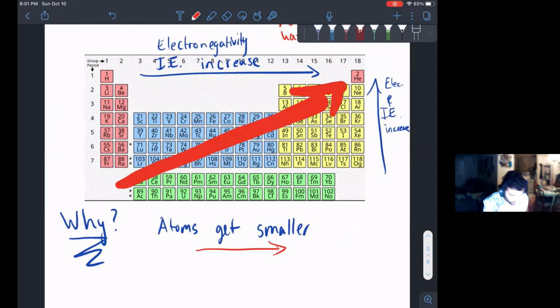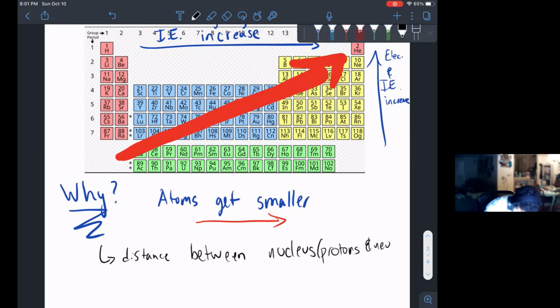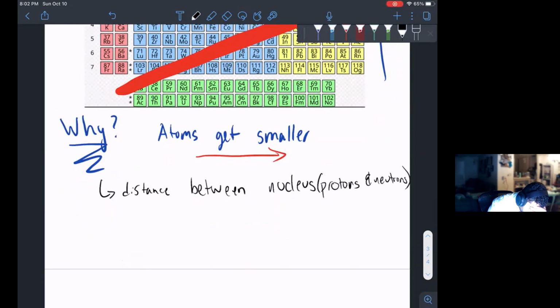As atoms get smaller going up and to the right, that means the distance between the nucleus, which is just the protons and neutrons, but we don't really care about the neutrons, they're not charged, the distance between the nucleus and outer electrons shrinks.